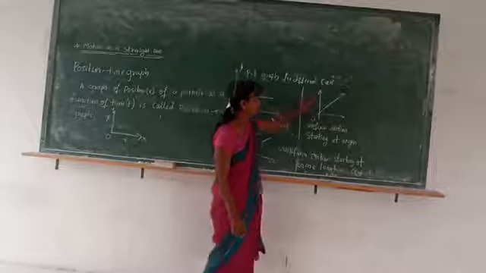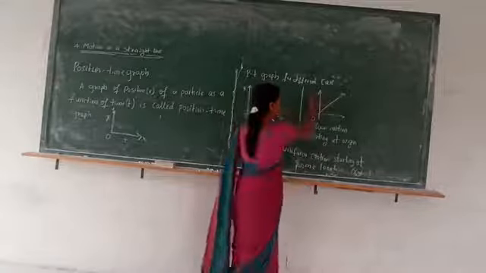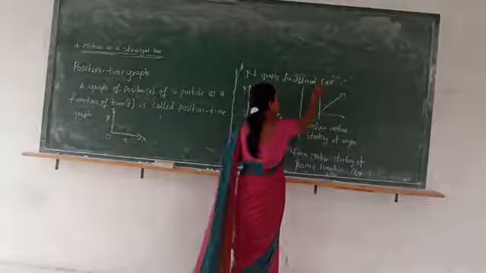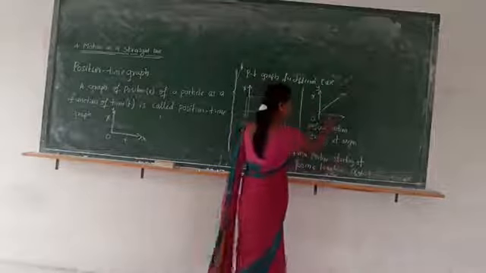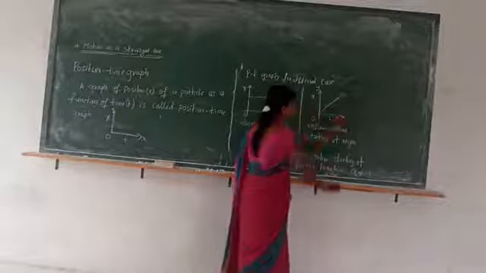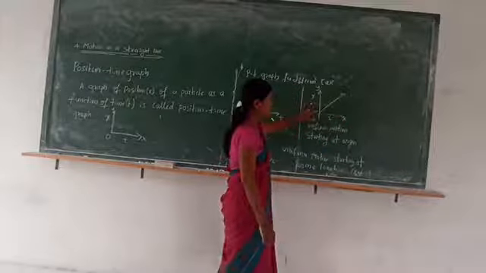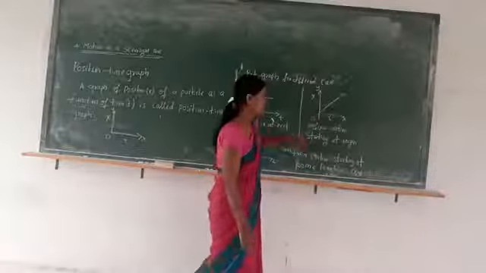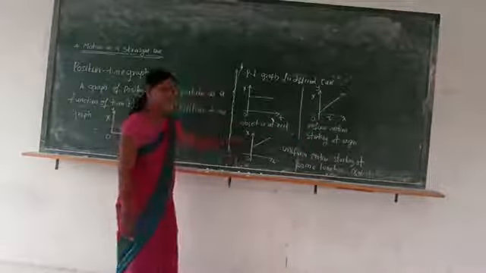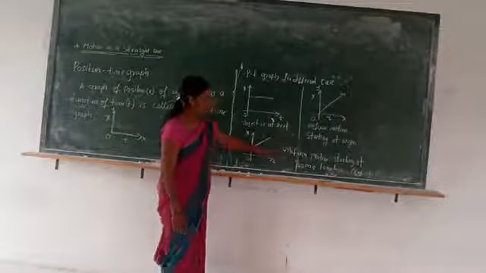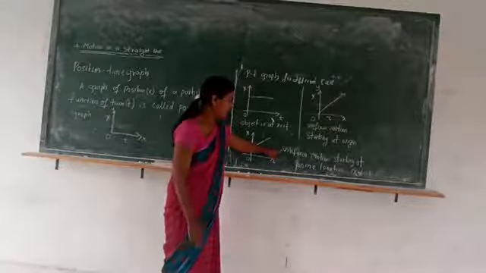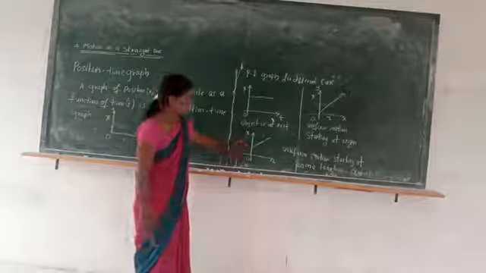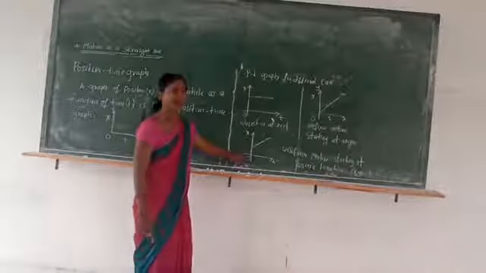For the second graph, this is a graph between position, taken along the y axis, and time along the x axis, other than origin.